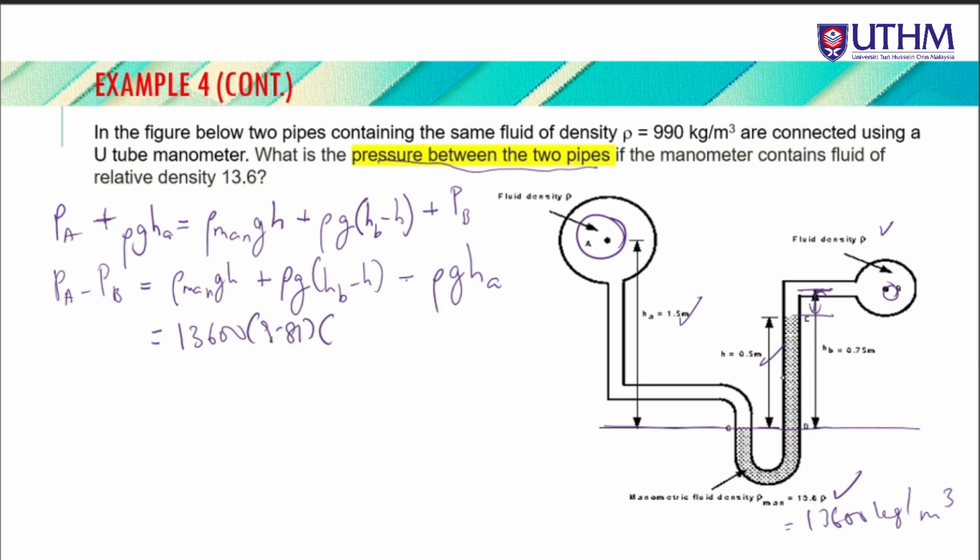And then plus rho G, where rho here is 990, times 9.81, times HB minus H, and HB minus H is 0.25.